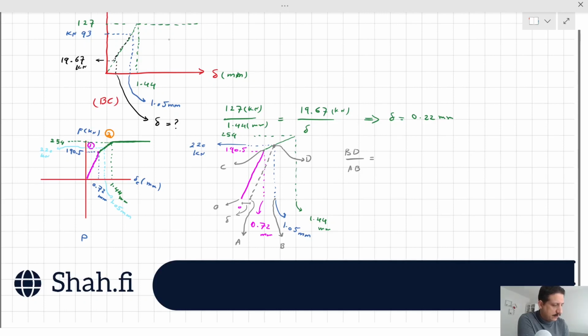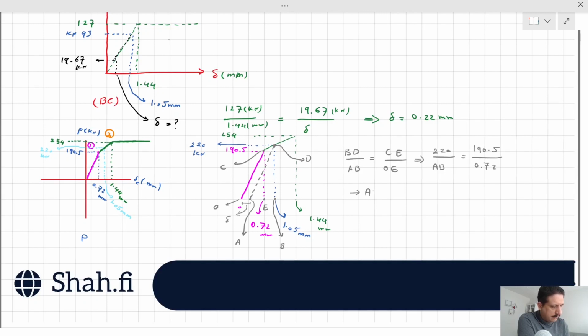It has the same slope, so it will be, okay, here we have point E as well. So it will be the same as CE divided by OE. So BD is 220 kilonewton. AB is unknown. CE is 190.5 kilonewton. And OE is 0.72 millimeter.